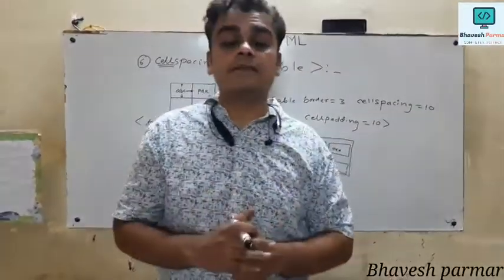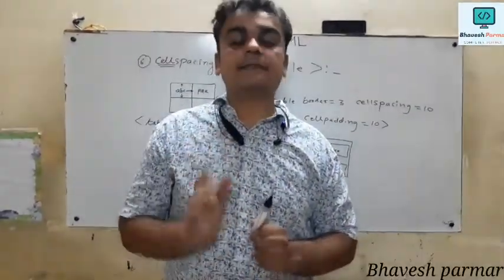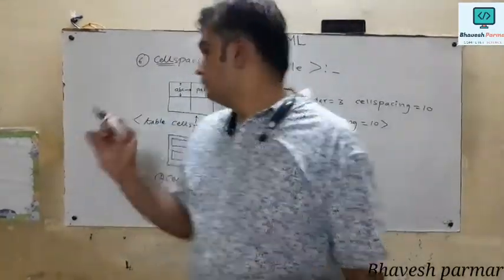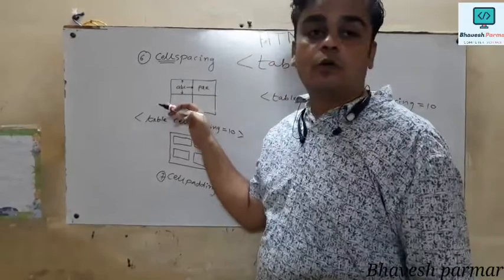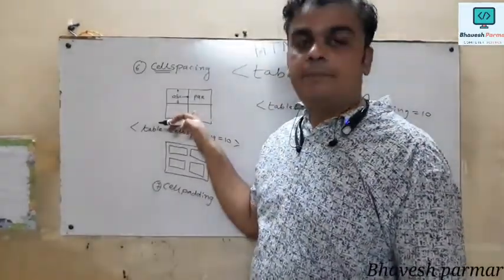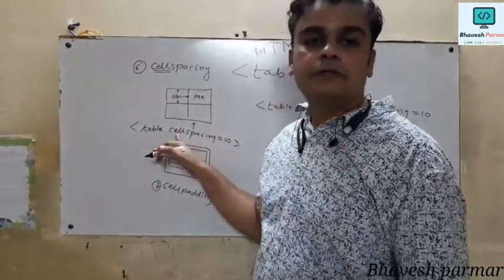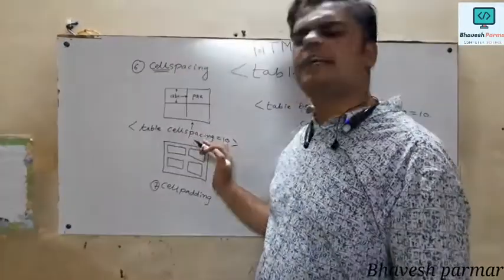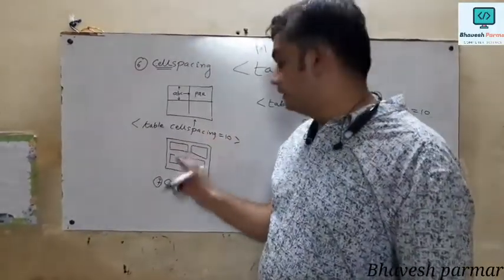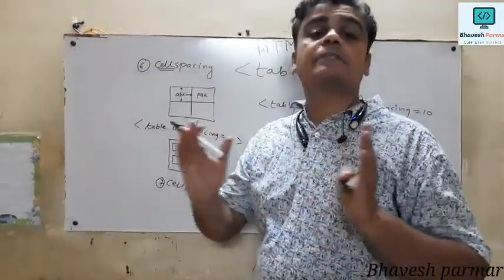Now what is the role of the cell spacing attribute? It generates the space between two neighboring cells, and generally the cell spacing value is 0, meaning there is no gap. If we want a gap between these two, for that purpose we use the cell spacing attribute, and we can give any number, 5, 10, 20. If we give a bigger number, the space gets expanded.